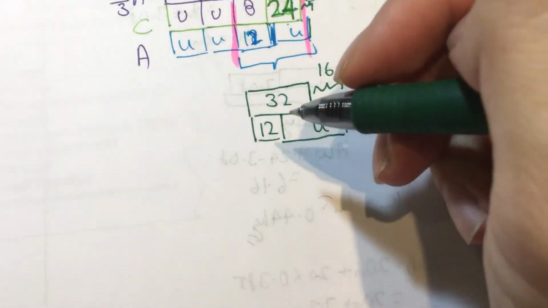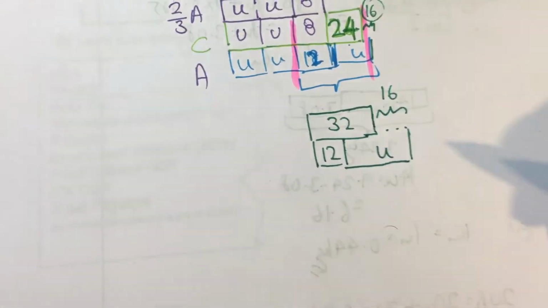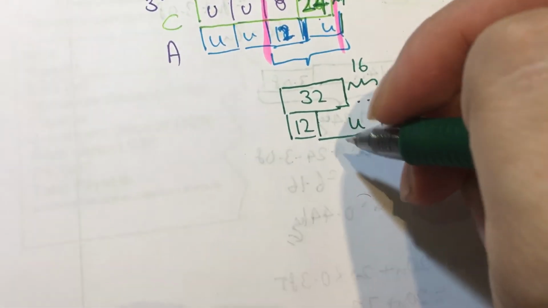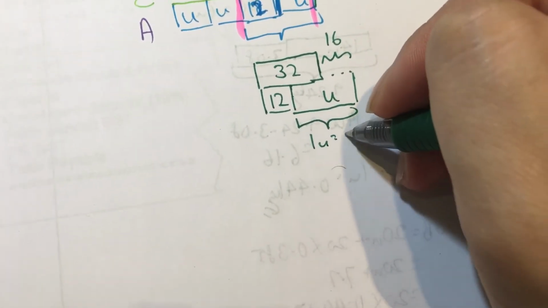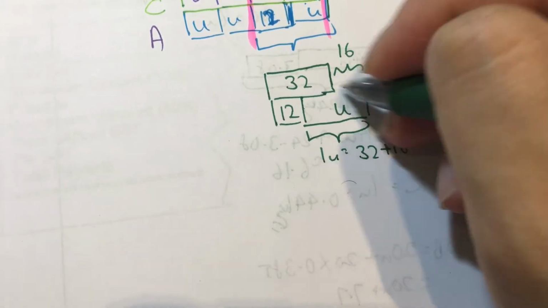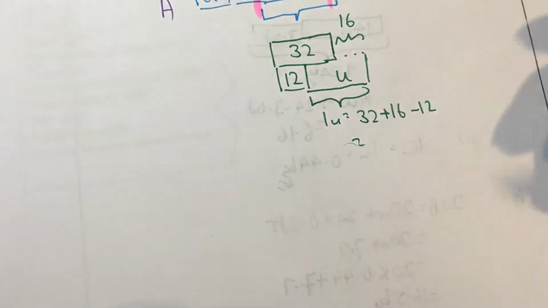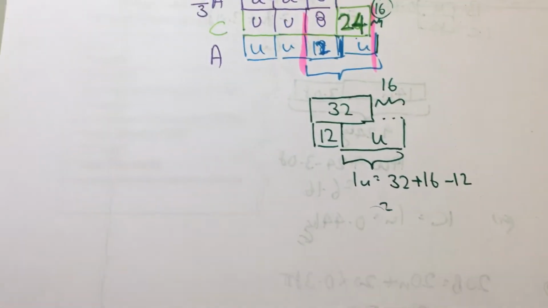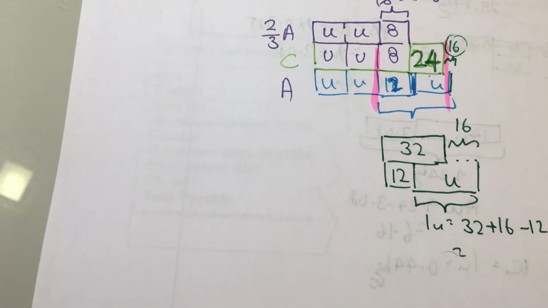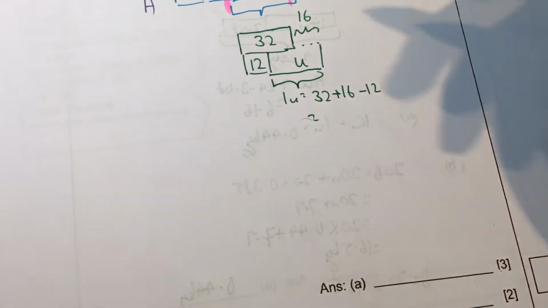Alright, not drawn to proportion, but you know what I'm saying. So the value of 1 unit is actually 32 plus 16 total minus 12. Okay, 32 plus 16 minus 12, which is 36.